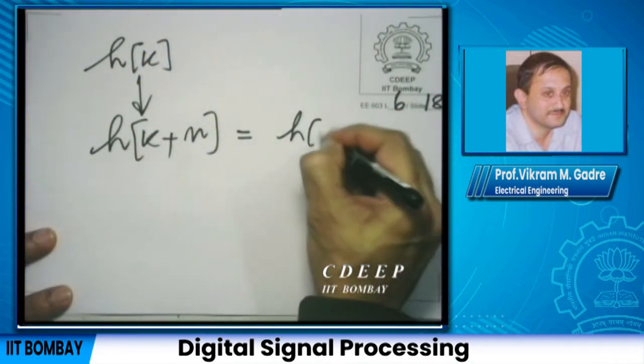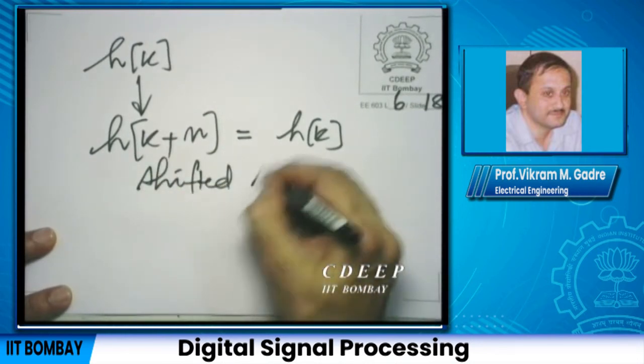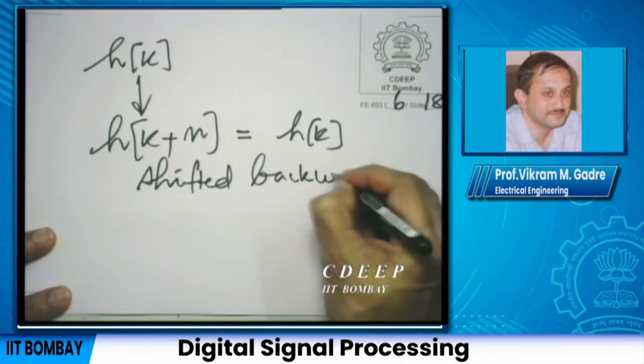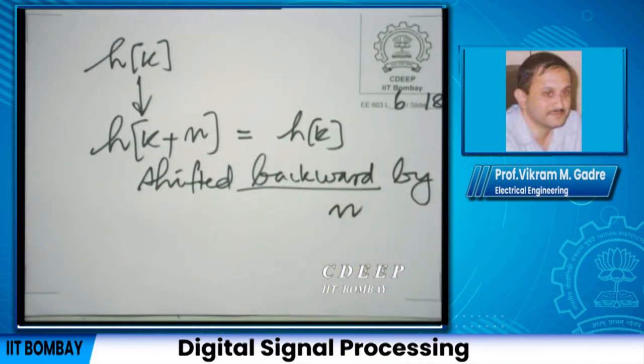So h of k plus n is h of k shifted backward by n. And the next step is of course to replace k by minus k.